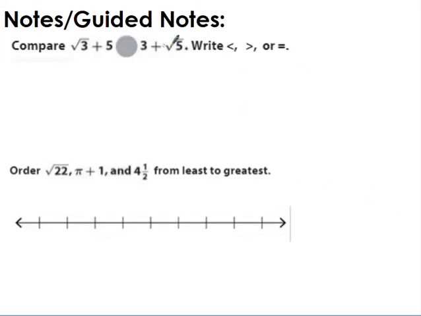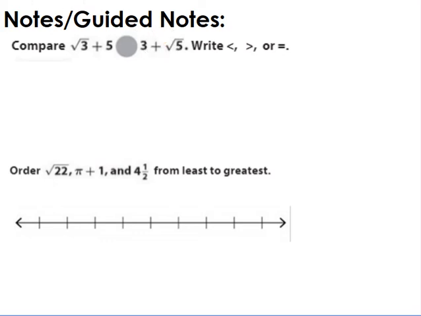Here's what I mean by this. You're going to have terms that might look like this: square root of 3 plus 5, or 3 plus the square root of 5. And I want to say which side is greater, the left or the right. What we do is approximate to our best ability.